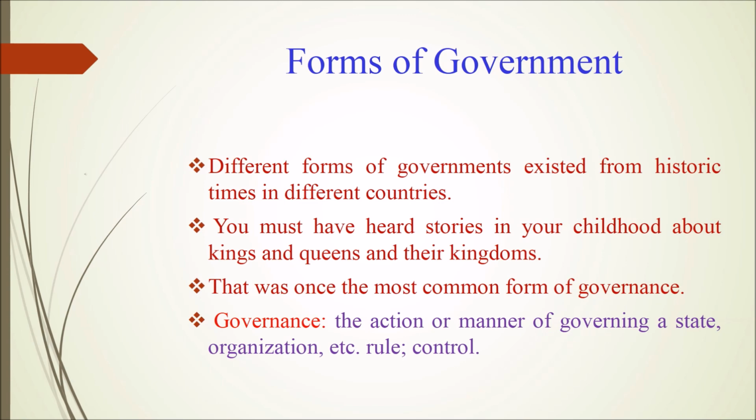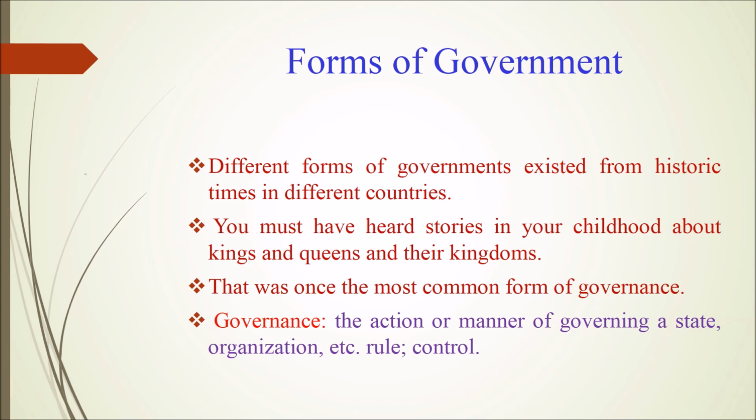Different forms of governments existed from historic times in different countries. You must have heard stories in your childhood about kings and queens and their kingdoms. That was once the most common form of governance. What is meant by governance?